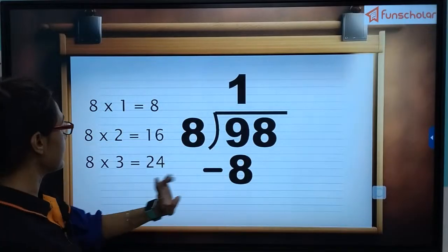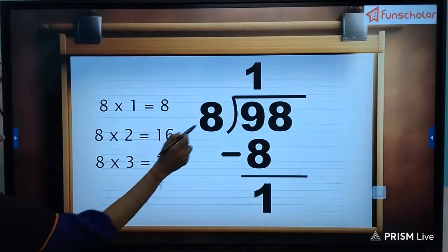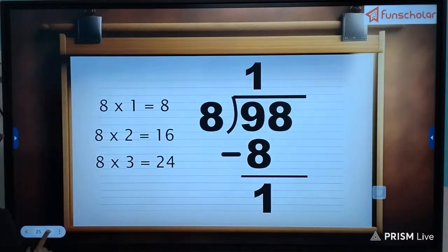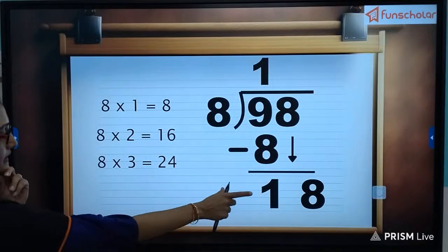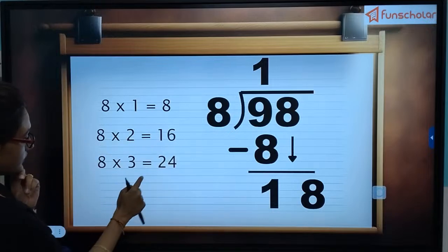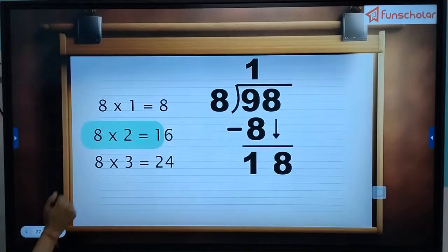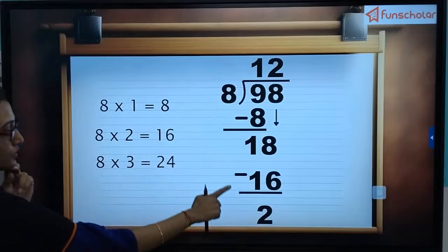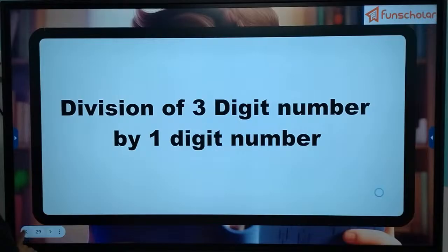Then comes 1. Next number will come 18. So we again have to take a number that is closer. So 8 2s are 16, 8 3s are 24. 24 will not take, will take 8 2s are 16. So it remains 2 and 2 cannot be further divided.